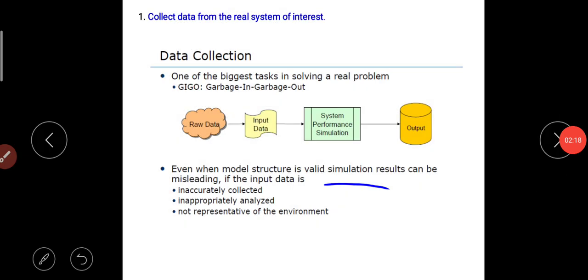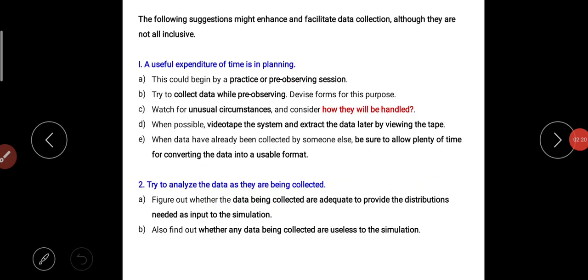Here we have some suggestions which might enhance and facilitate the data collection. The first one is to use full expenditure of time in planning. In advance we have to plan for collecting data, and collect data while pre-observing. If necessary, devise forms for the data collection.